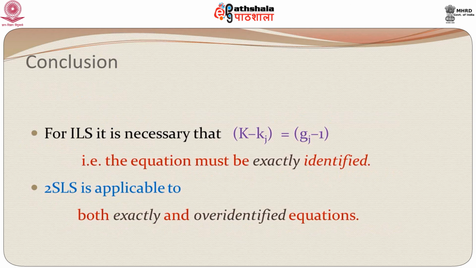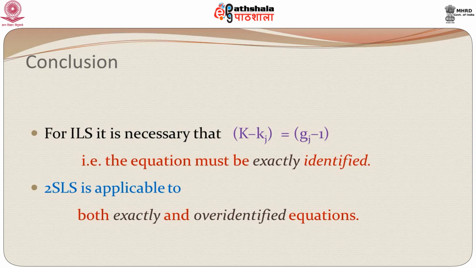For the ILS, we actually use xjm as a replacement for the Yj's. These are the exogenous variables, and hence again are uncorrelated to the errors, and hence again lead to consistent estimators. So, in one case we replace by Yj hat, in the other case we replace by xjm.